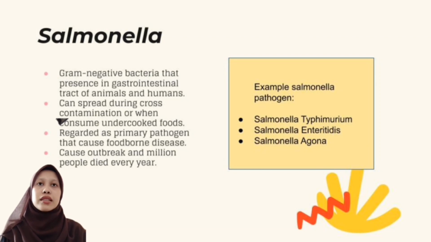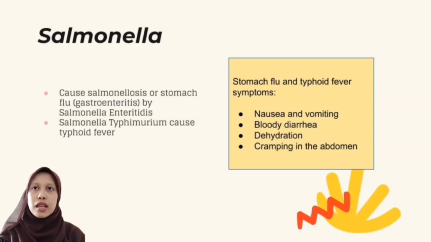Dysentery is an example of a Salmonella-related foodborne disease outbreak. First, Salmonella typhimurium, second, Salmonella enteritidis, and third, Salmonella agona. Salmonella enteritidis causes humans to have salmonellosis or stomach flu, known as gastroenteritis, and Salmonella typhi causes typhoid fever.